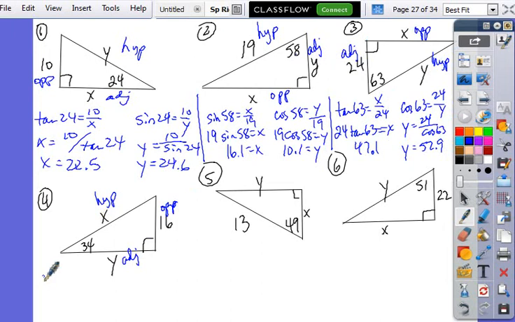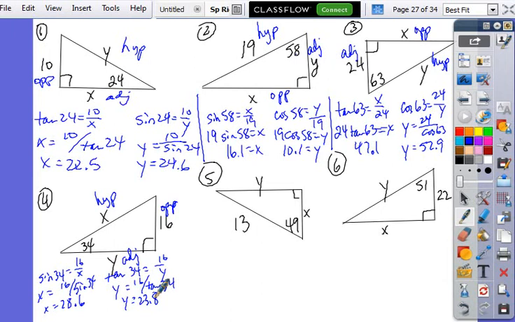So sine of 34 equals 16 over X. Divide. 28.6. All right. Go to the Y. I'm dealing with 16 and Y. That's opposite and adjacent, so that is tangent. So that would be tangent of 34 equals 16 over Y. Divide again. 23.8.